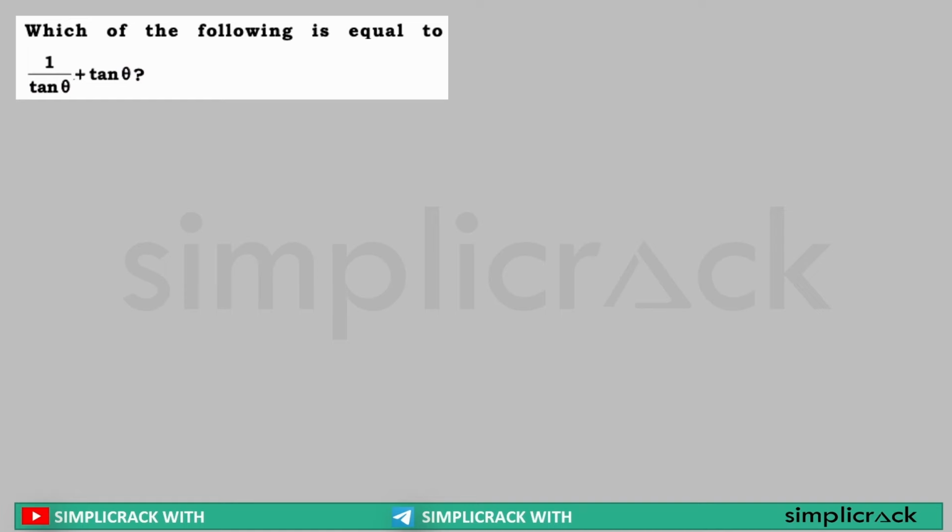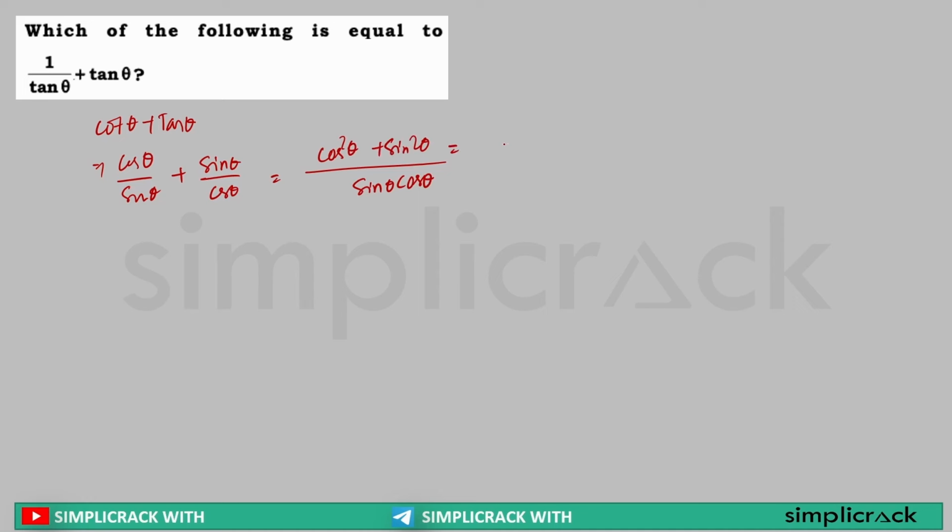Now it is asking: 1 by tan theta plus tan theta is equal to what? 1 by tan theta can also be written as cot theta. So this is written as cot theta plus tan theta. Cot theta can be written as cos theta by sin theta, and tan theta can be written as sin theta by cos theta. If I take the LCM, this will be cos square theta plus sin square theta, which is equal to 1, divided by sin theta into cos theta.